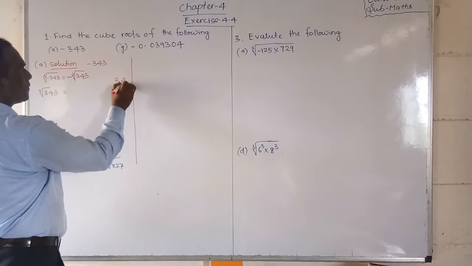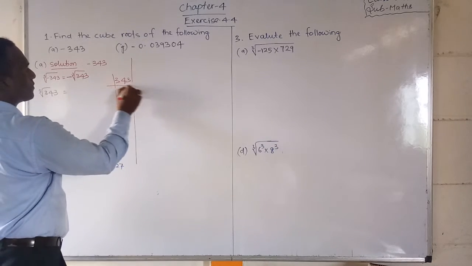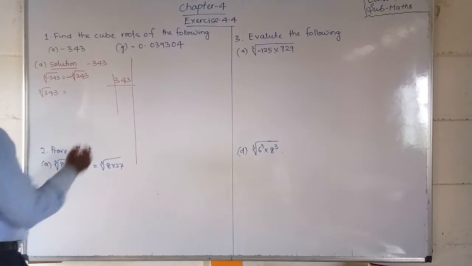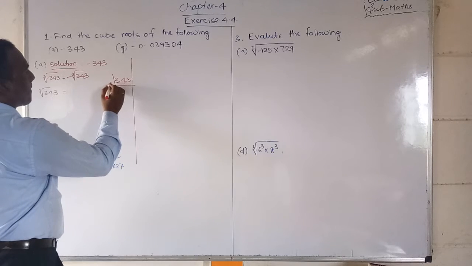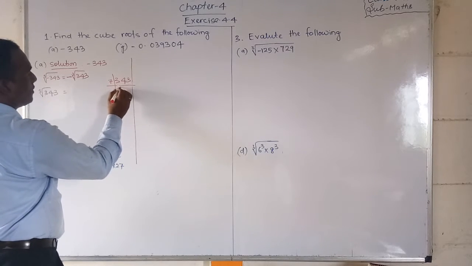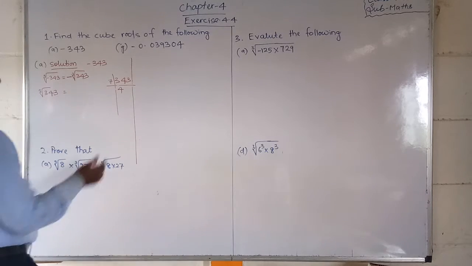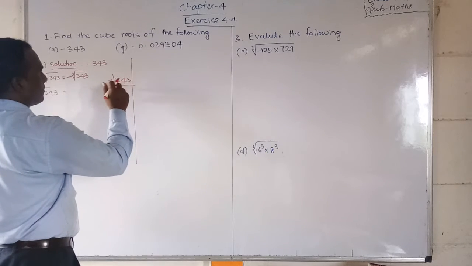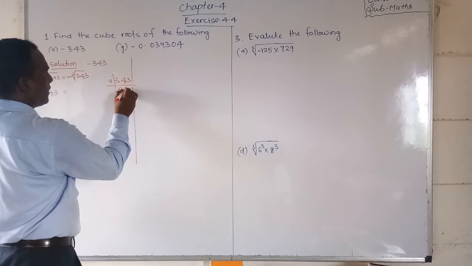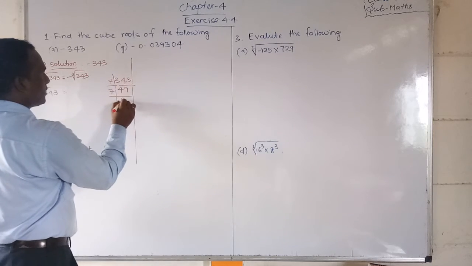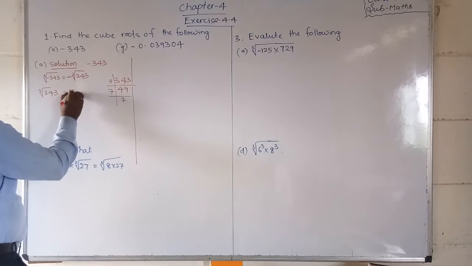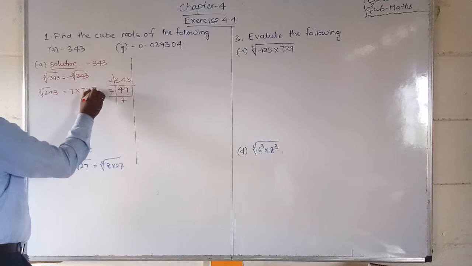So what did you get, students? 343 is 7 into 7 into 7.